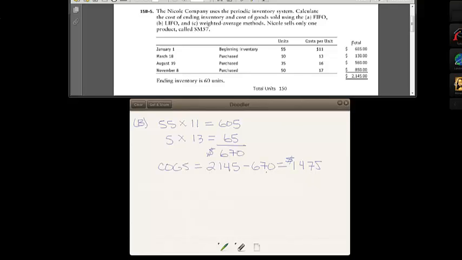Okay, let's move on to C. If we use the weighted average method, we take the cost of goods available for sale divided by the total goods available for sale to find an average cost per unit.